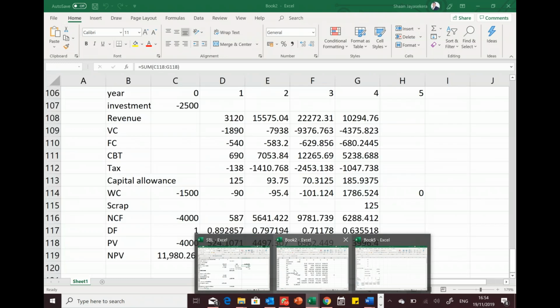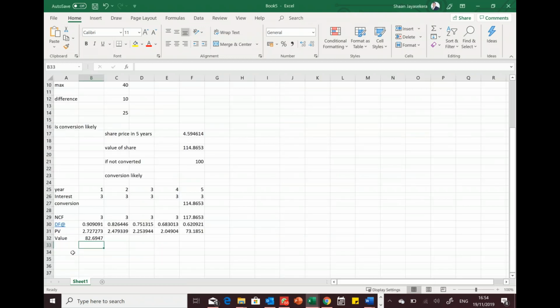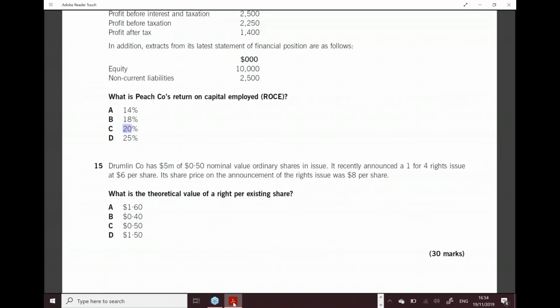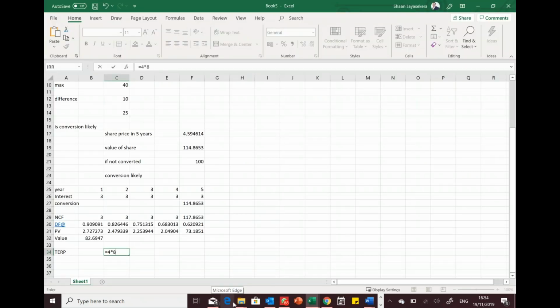So what are they telling me? We're going for a 1 for 4 rights issue. The share price before the announcement is 8, so I actually had 4 shares at 8, plus I will now have 1 share at 6. If I divide all of this by 5, that should give me the theoretical ex-rights price, which is around 7.6.